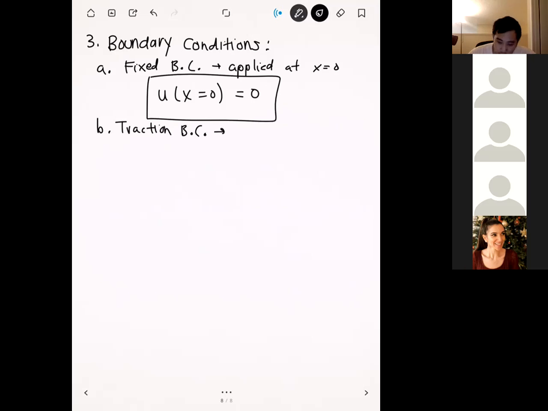So now we have our traction boundary condition, and this traction boundary condition is being applied at x is equal to L. So we're going to take E times du dx at x is equal to L, which in this case is going to be 1, and this is going to be equal to our traction. Yeah, so exactly. We apply our fixed boundary condition at the left because that's where our pin support is.